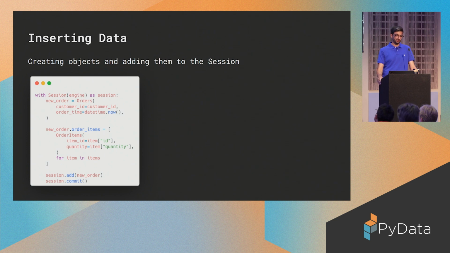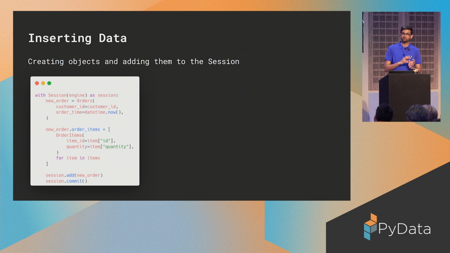So we first create an object for the orders where we pass in the customer ID and the datetime, which is right now. And then since there was a relationship of order items on order, we just set a list of order items to the order items relationship. So we don't need to manually insert.